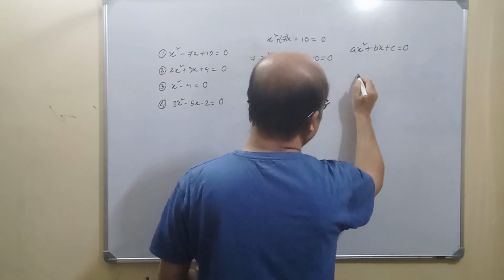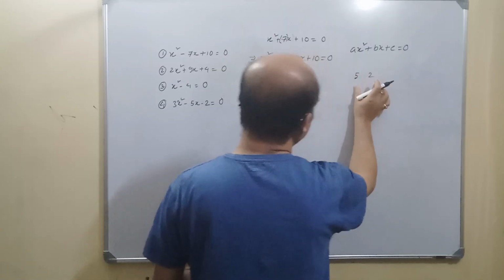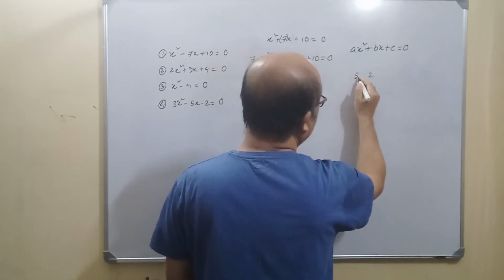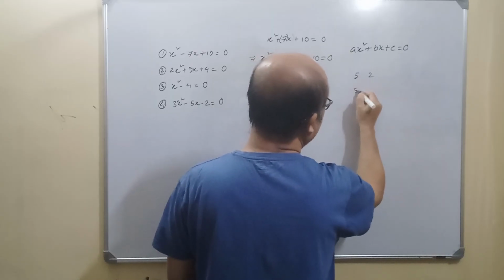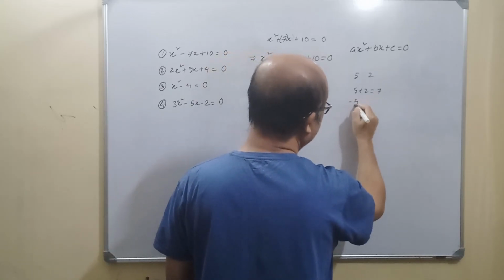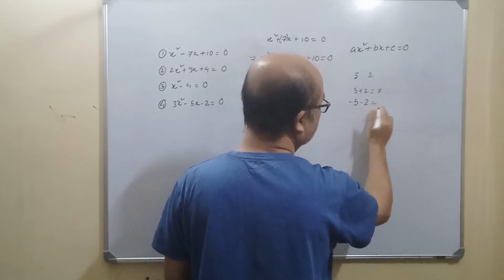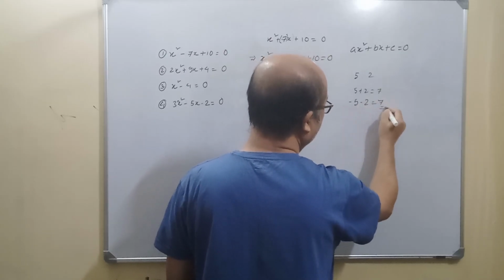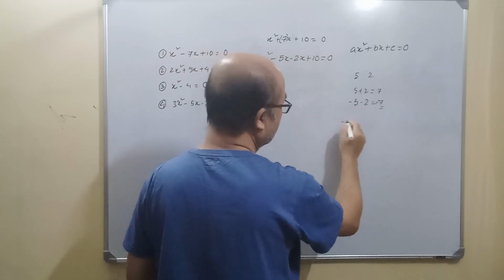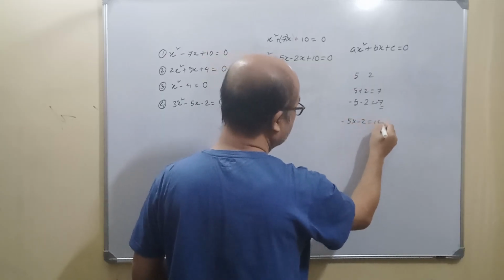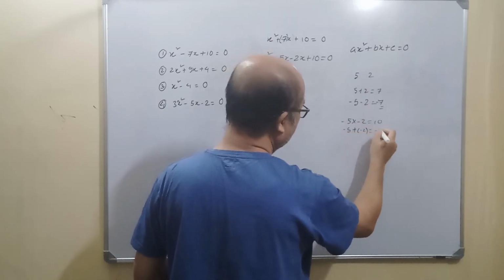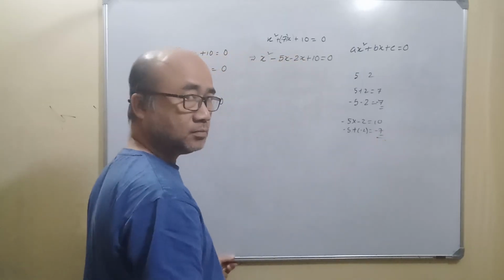So the two numbers are 5 and 2, but if you take the positive integers, 5 plus 2 gives you 7, not minus 7. So how can you get minus 7? It is by adding minus 5 with minus 2. You get minus 7. So that is why your numbers are minus 5 and minus 2, because minus 5 into minus 2 is 10, and minus 5 plus minus 2 is minus 7. Clear?